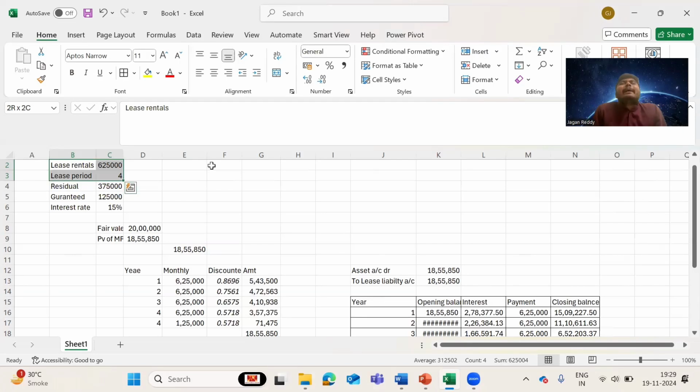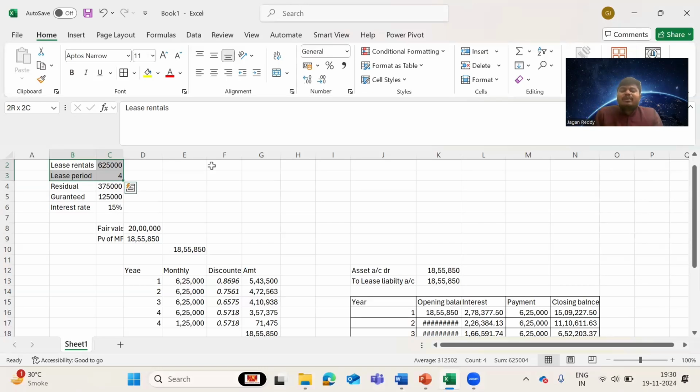With respect to the present value of MLP, you have to use the format: year. Next column is lease rental. The next column is present value factor. Next one is amount column. So you can get the present value of minimum lease payments. So you have to consider the fair value of an asset and the present value of lease rentals, and whichever is lower, you have to take. And before going to the entry, you should do the interest calculation.